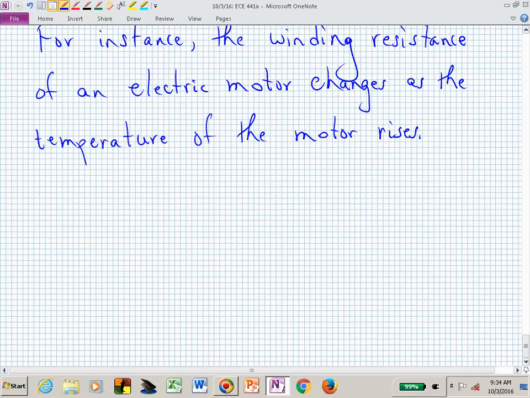And what you want is you want your behavior of that system, if it's controlling that motor, to be the same whether your motor's hot or whether it's cold. You want the system to be the same.